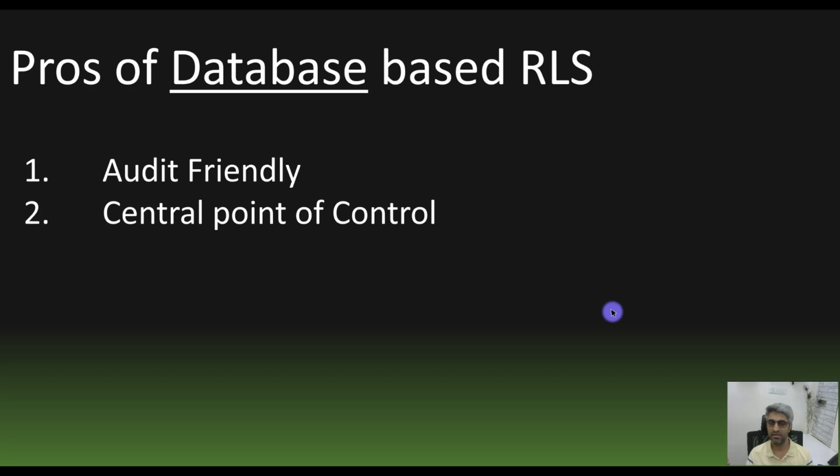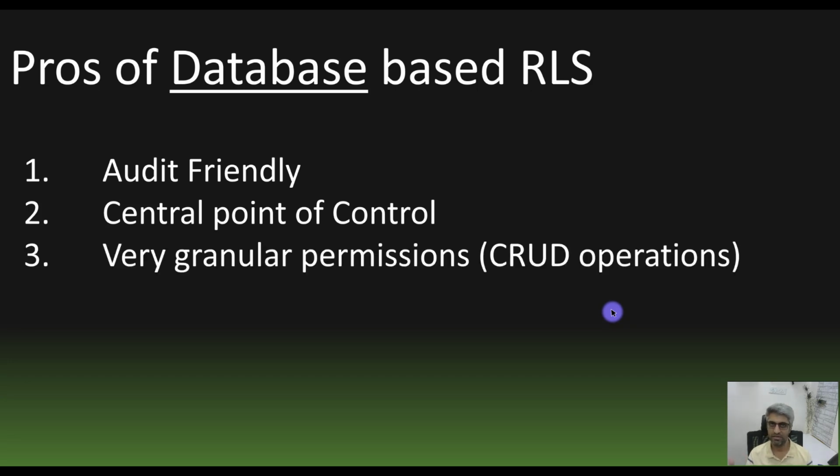And when I say insert, update, delete, it's not just on the entire database. You can define it at individual table levels, which gives a great degree of control over how your database is used. Next is, as I said, very granular permission. Most databases provide this row level security. It's not just the select, but they let you as an admin decide if a user can insert, update, delete.